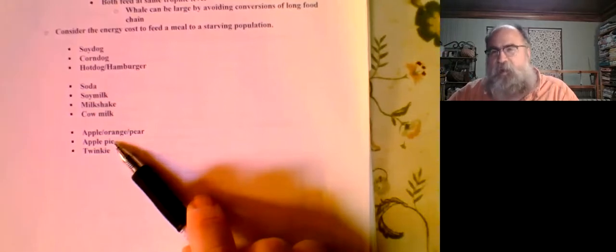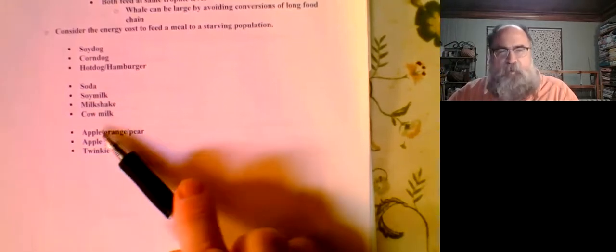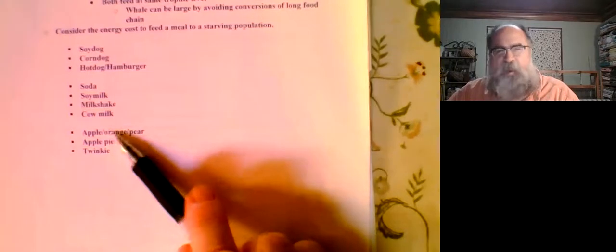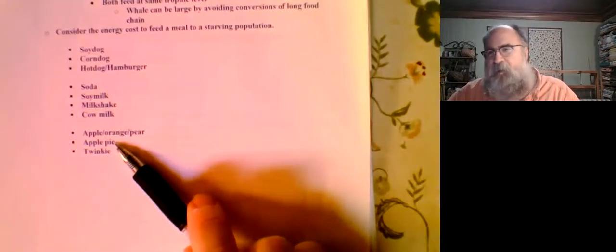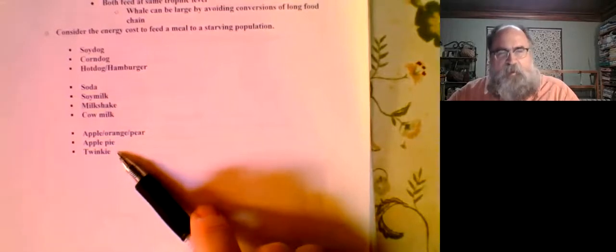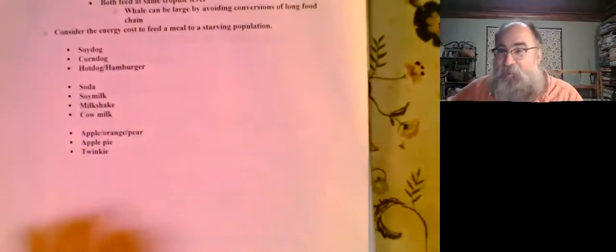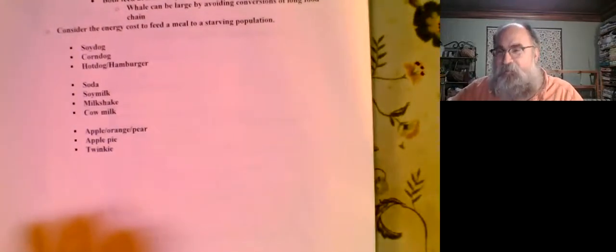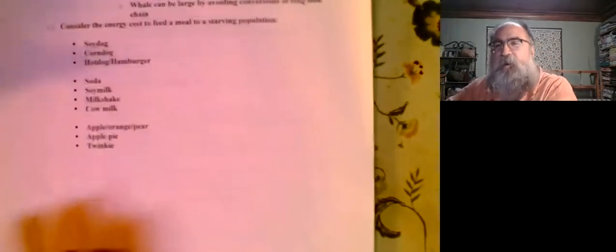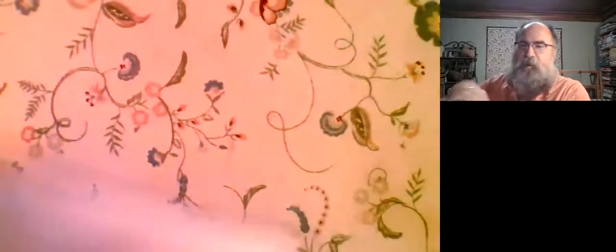There's a lot more energy going in. If you just go pick the apple, well, I've picked the apple, but here I got to stir the pie, I got to move it around in the kitchen. Yeah. And then I look at the Twinkie, and just imagine how much effort and energy goes into making a Twinkie, gathering up all those materials.